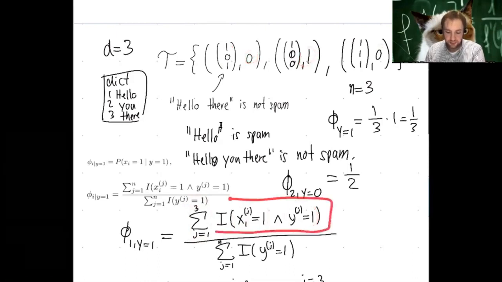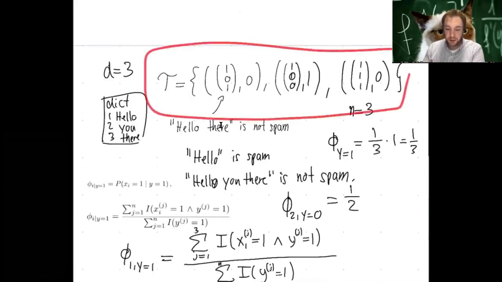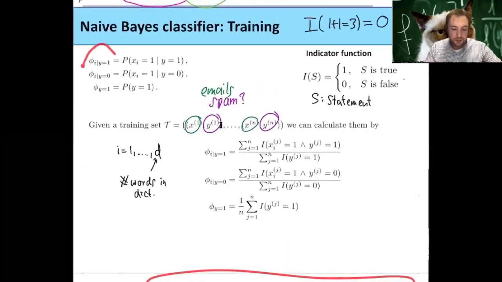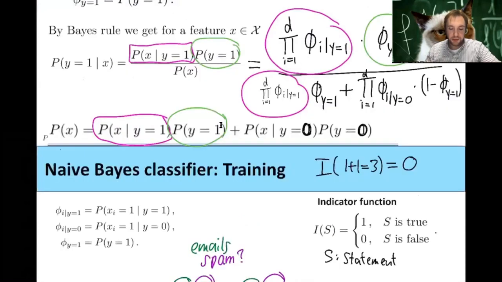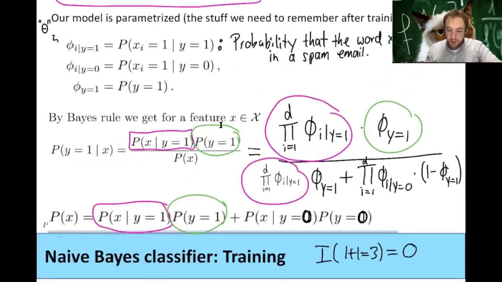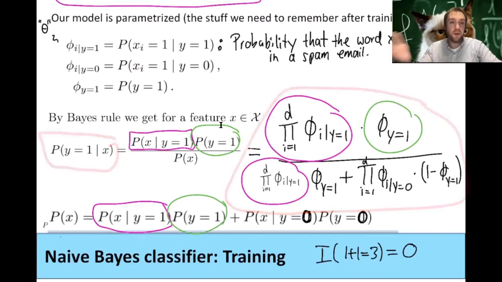And this is then just either 1 or 0. Therefore, given a training set, we can calculate these numbers and save them. And anytime someone sends us an email, we can use this formula to calculate the probability of this email being spam or not.